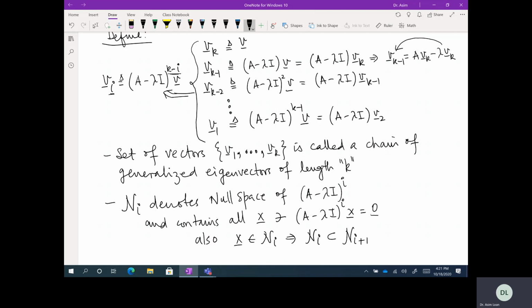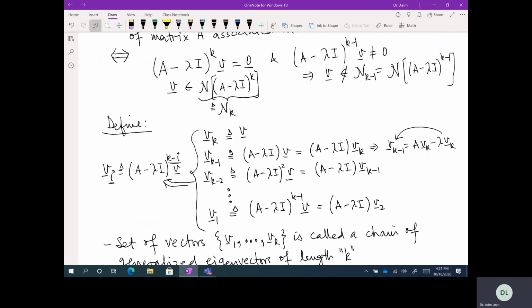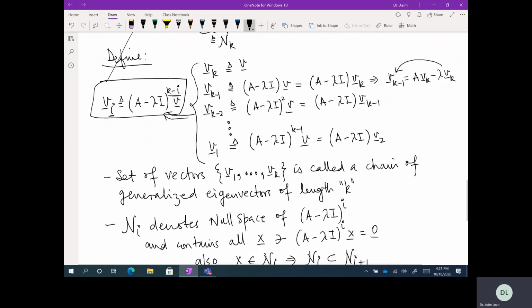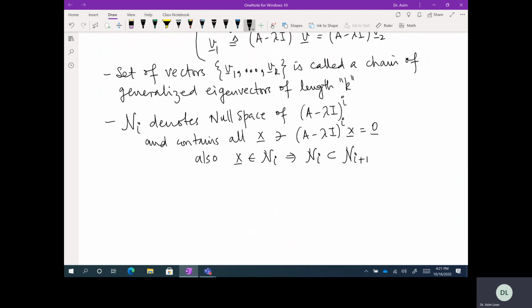Okay, and if I look at this equation and combine it with this one, what do I have? A minus lambda I to the k into v equals 0, and vi, by definition, is A minus lambda I to the k minus i into v.